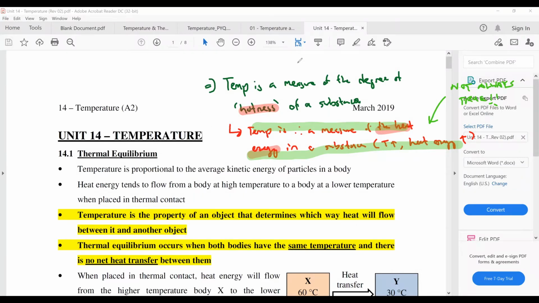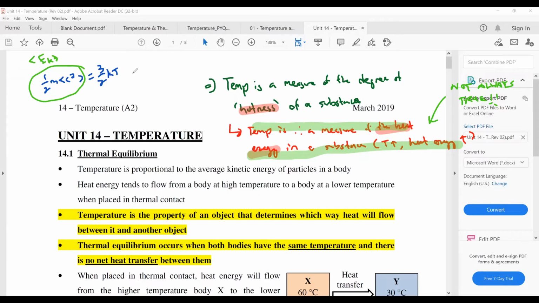Okay, under your ideal gas chapter, you have learned something about temperature and kinetic energy of molecules. You learned that half mc square is equal to 3 over 2 kT, and this is actually the mean kinetic energy of a gas molecule.